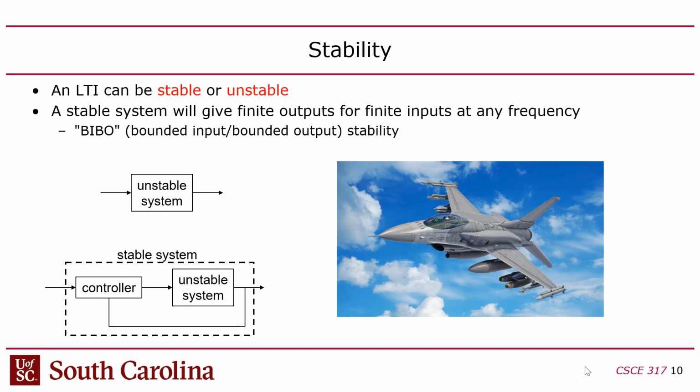An example of that is the F-16 fighter jet. Believe it or not, the way it's designed, the airframe is actually inherently unstable. If the pilot were directly controlling the F-16, it would be very easy to put it out of control.